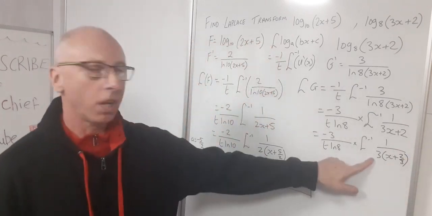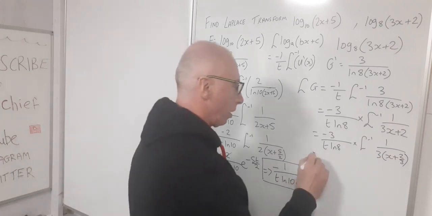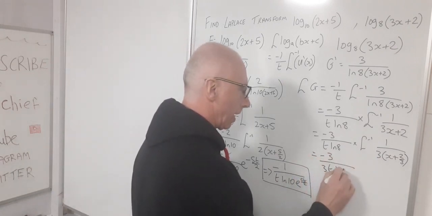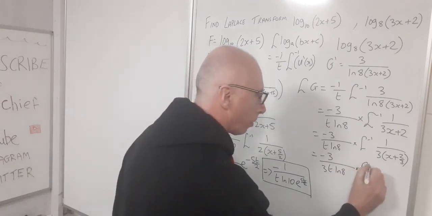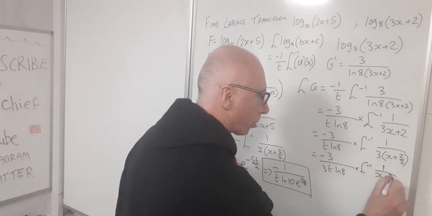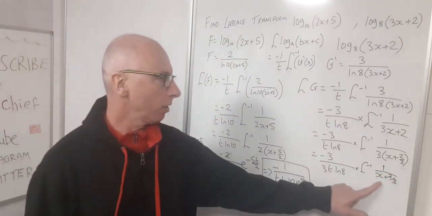Okay, so now I've got another 1/3 to take out. So now I've got minus 3 over 3t ln 8 times the inverse Laplace of 1 over x plus 2 over 3.